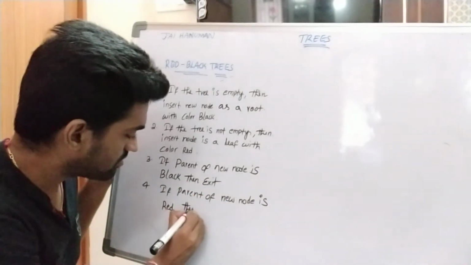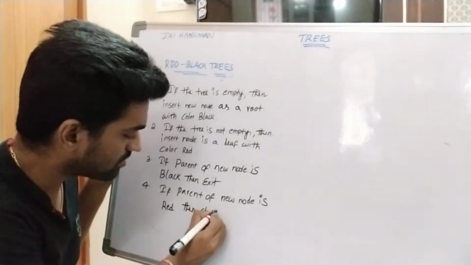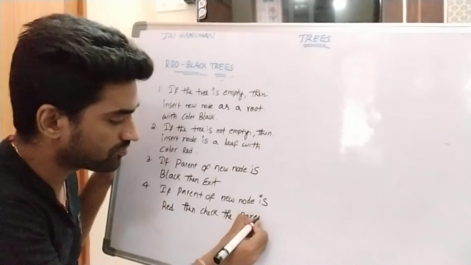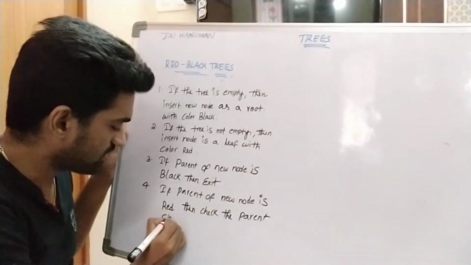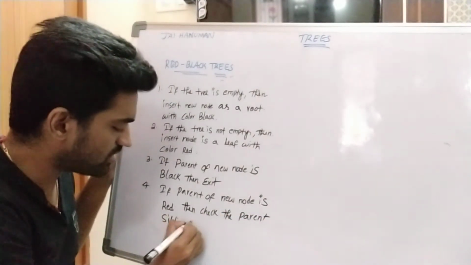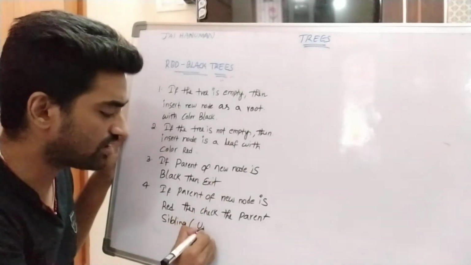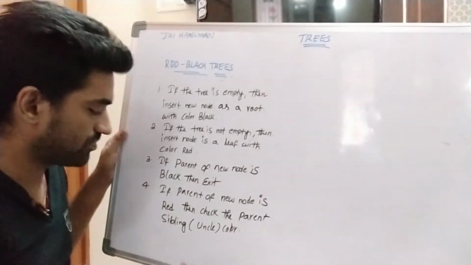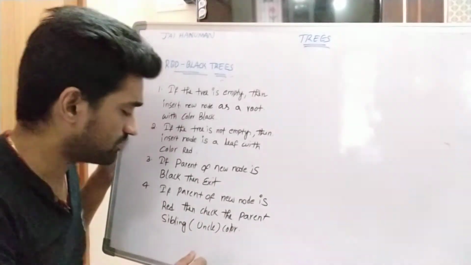Here the parent sibling is nothing but the uncle, so check the uncle color. Here two cases are there.